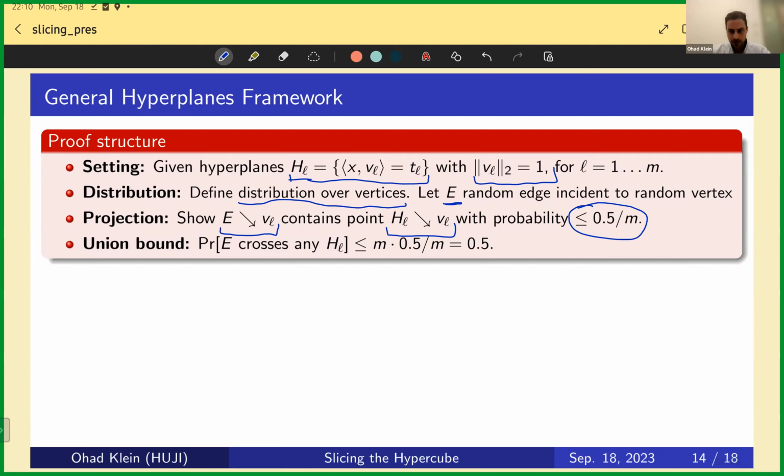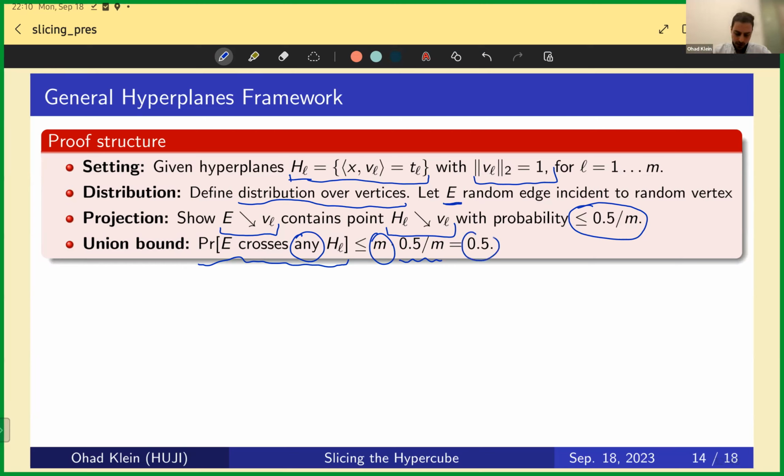Now the last step of the proof is a simple union bound. The probability that the edge E crosses any H is bounded by M, which comes from the union bound over the different hyperplanes, times the probability that the edge dissects a specific hyperplane.